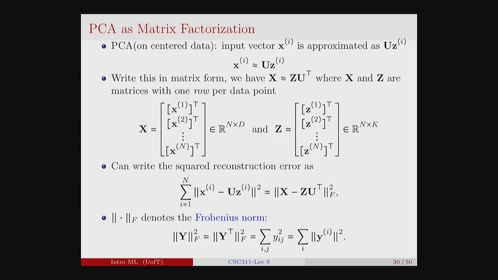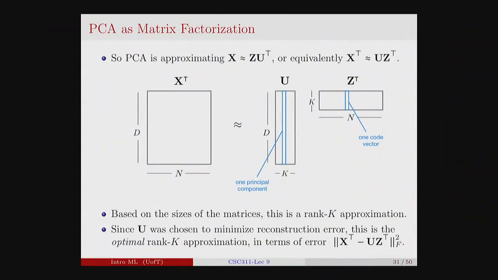Okay, what did I just do? I said PCA can be thought of as solving this approximate matrix factorization problem, where our goal is to find these factors for our original data matrix. One factor is Z, which is the codes for each of the individuals, and the other factor is U, which is the projection space.